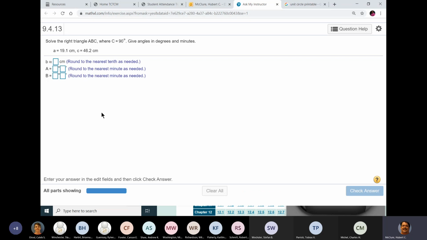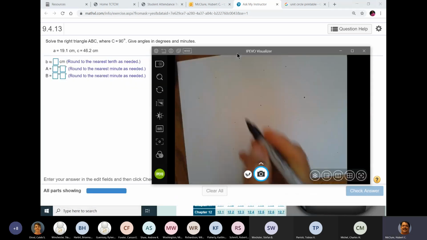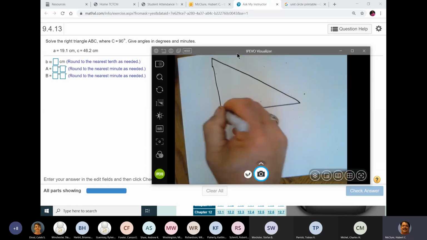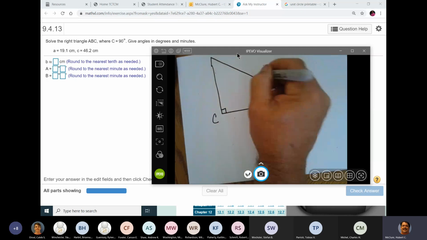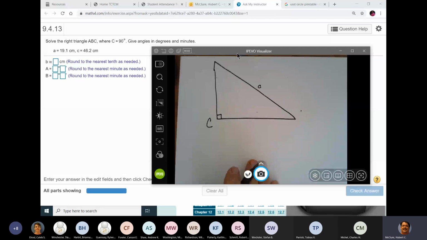All right, this is one where you actually don't have a triangle to draw. You got to draw it. And C is always 90 degrees. So I'm just going to draw a handy dandy triangle. And this is angle C. So this is little c. Okay, they don't give you very much. They say solve the right triangle, ABC, where C is 90.